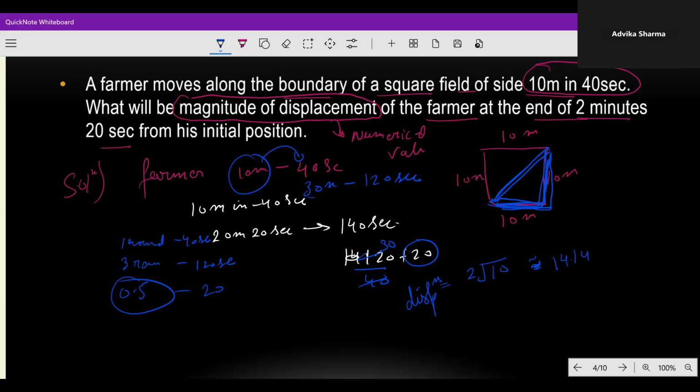I thought it was saying the farmer can move only one side, 10 meters in 40 seconds. I think it is clear now.